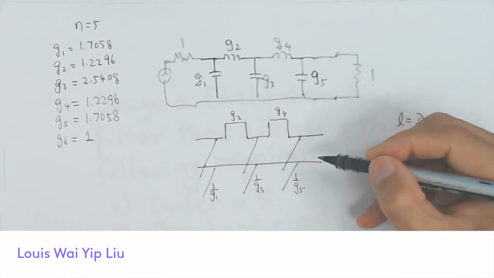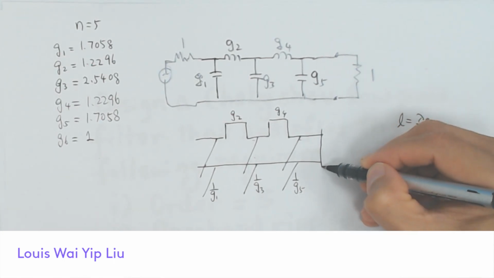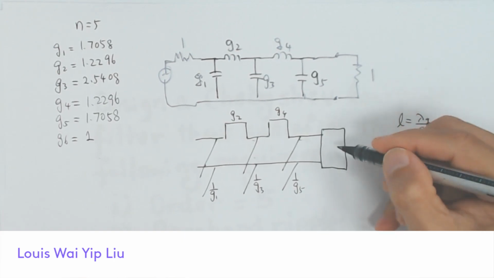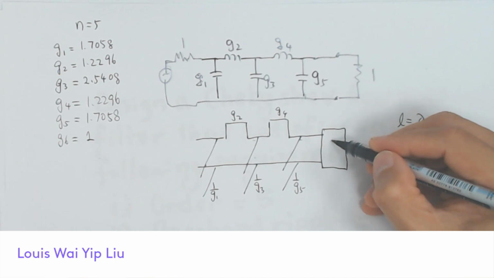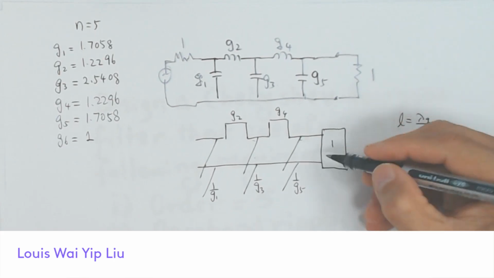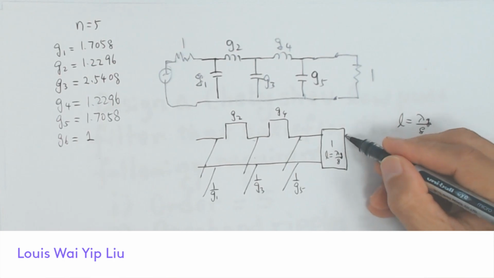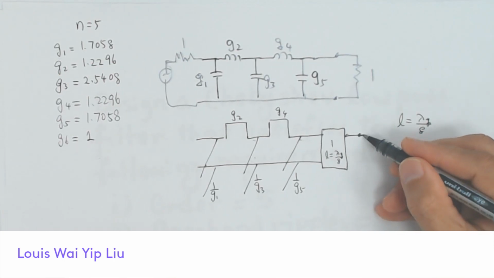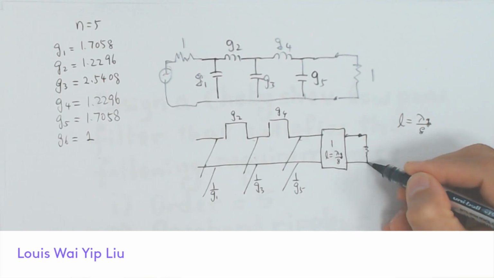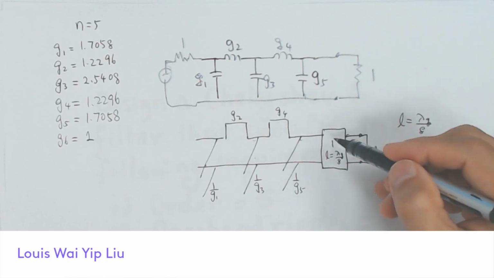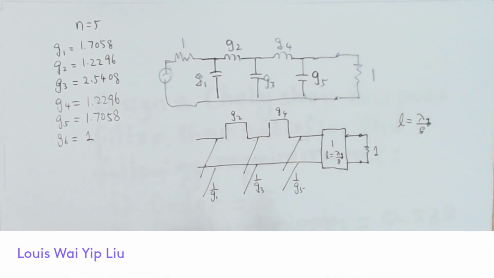First, we need to add the impedance sections here. The transmission line section, a short transmission line section. The characteristic impedance of this transmission line section is 1. And the length here is obviously lambda divided by 8. So before we add the low impedance here, we do that. And adding the transmission line sections here is not going to affect the filter performance.